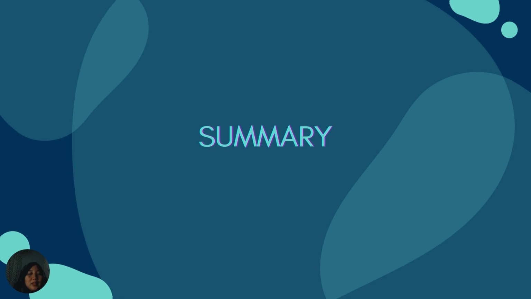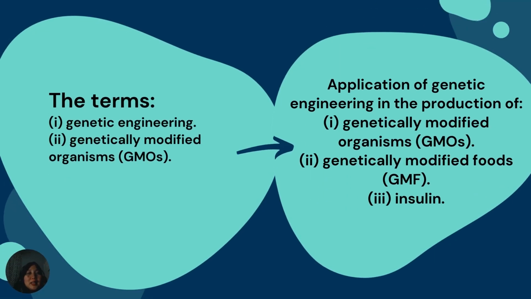Okay, now the summary. So again, kita sudah belajar tentang terms tadi, genetic engineering. Kalau kamu mau ingat balik, genetic engineering dia mesti ada kaitan dengan modifications ataupun manipulations of gene through biotechnology.